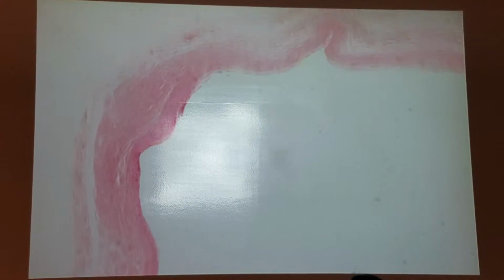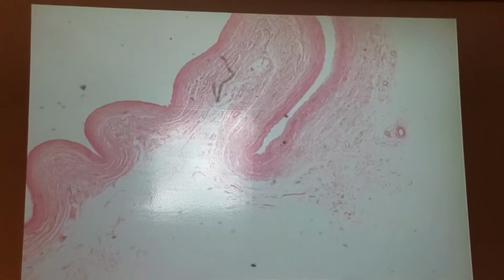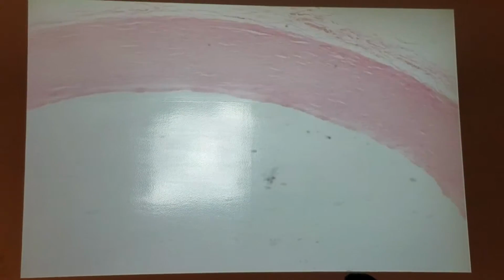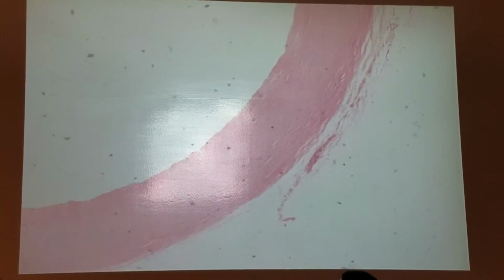So this is one vessel. Look how it's shaped, like that. And then the other one is like this. Which one has more structure to it?